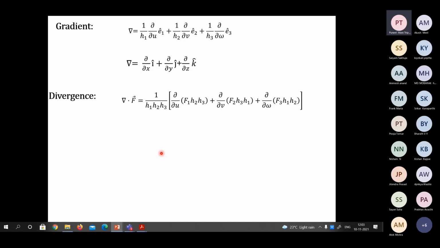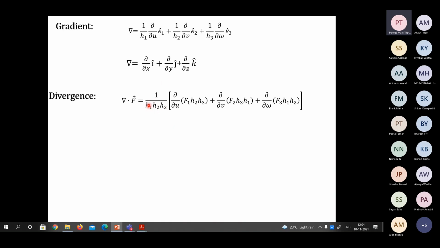Similarly, you find the divergence. This is the general expression for divergence. Just a few minutes back we derived this. You know the metric parameters for the rectangular coordinate system. When you substitute the rectangular parameters, you get 1 by 1, 1, 1.